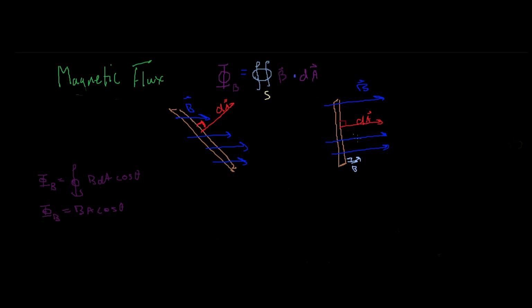The magnetic vector field is also going perpendicular to the surface in the same direction as the area vector, to the right. So theta is 0. The cosine of 0 is 1. So the magnetic flux is just equal to BA.